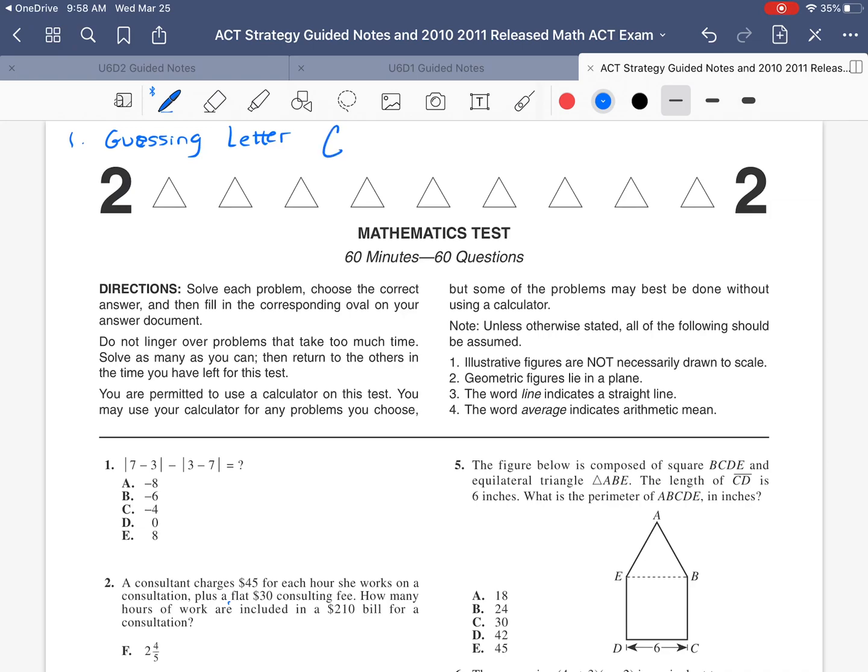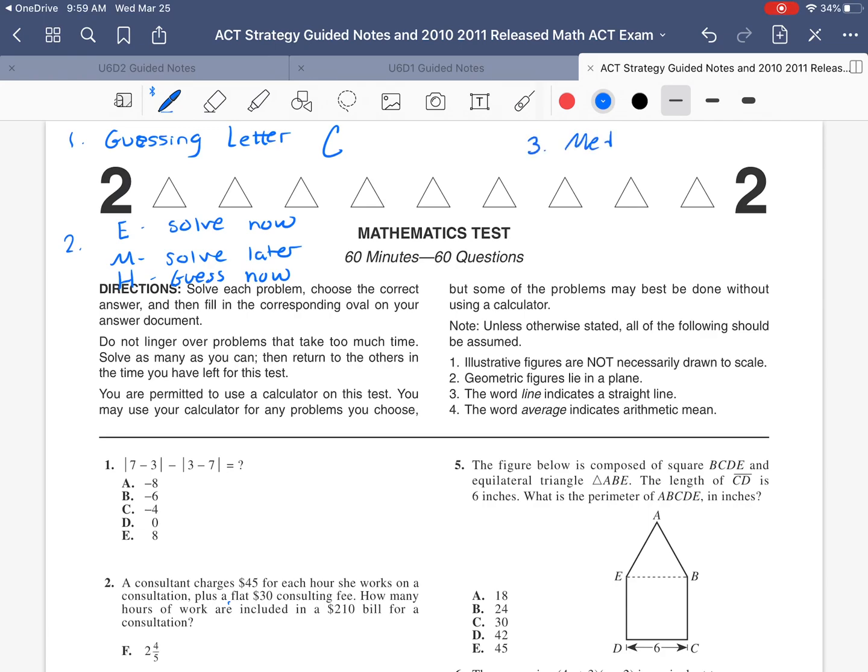Again, mine will be the letter C. Number 2, we're going to label it easy, in which case you will solve now. Medium, solve later. And hard, you will guess now.